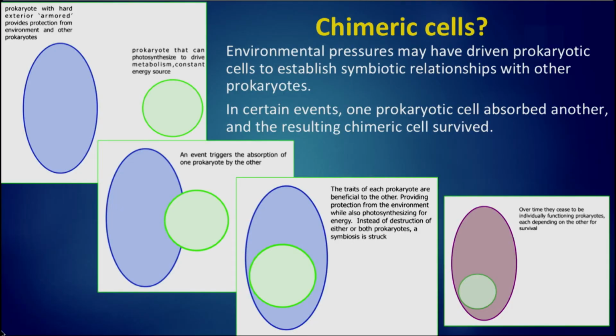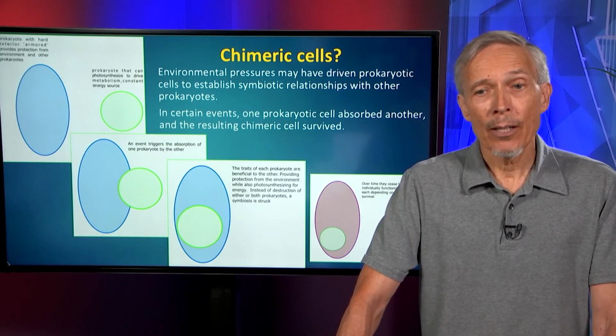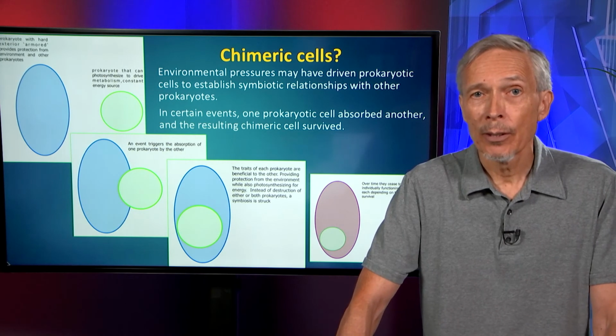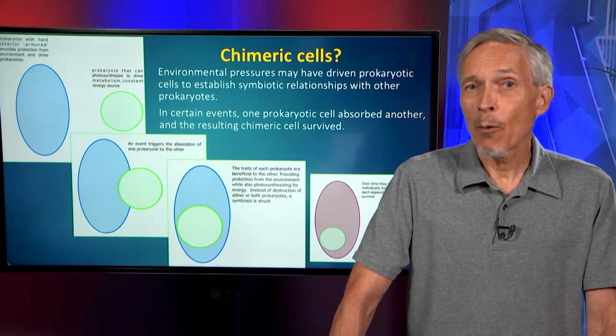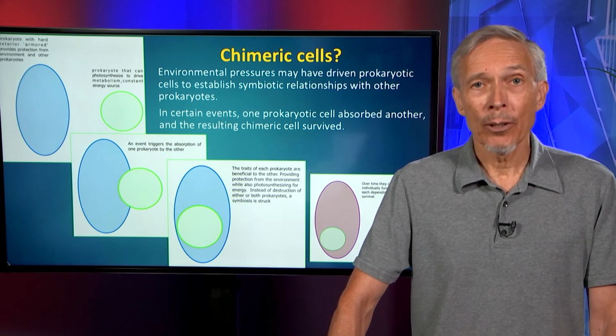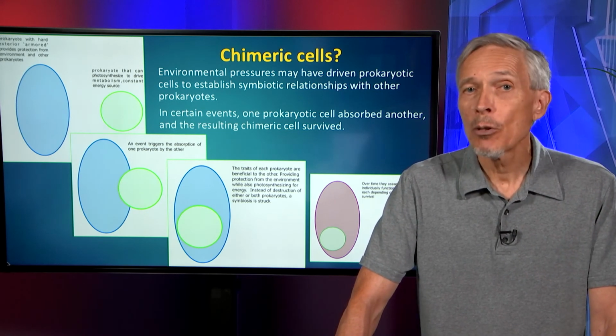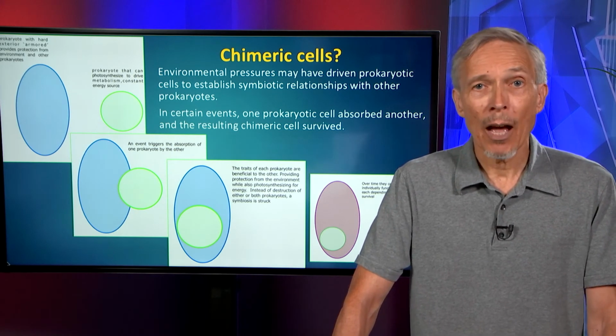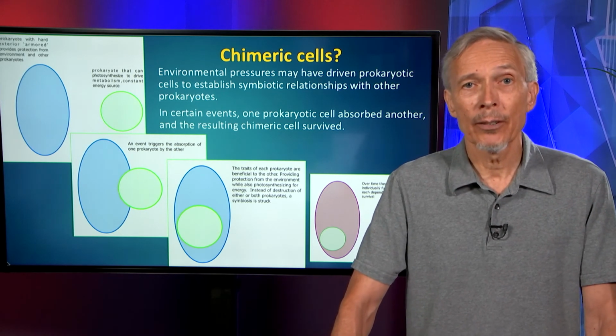It is speculated that environmental pressure may have driven prokaryotic cells to establish symbiotic relationships with other prokaryotes. And so one of the ideas of how the first cells with nuclei evolved was that it was a commensal relationship between two types of cells without nuclei, where one cell subsumes the other cell to become its nucleus.